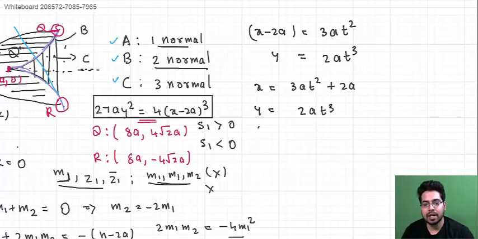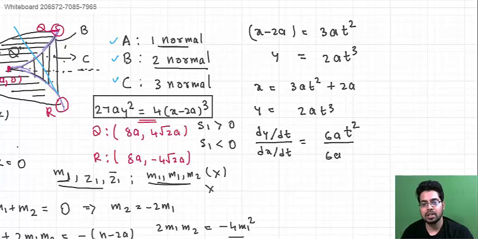To get dy by dx, I can write dy by dx as dy by dt by dx by dt. dy by dt is 6at square, and dx by dt is going to be 6at. So finally we are going to get t.